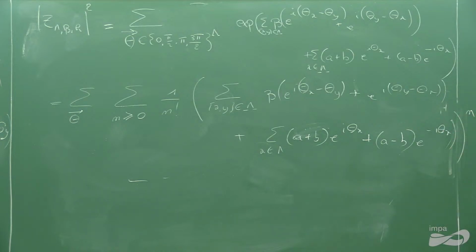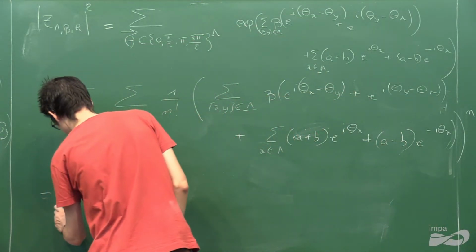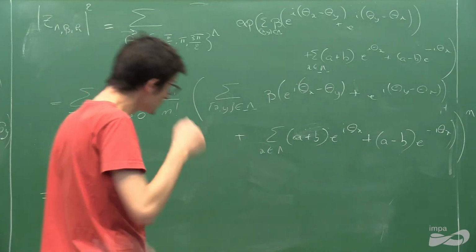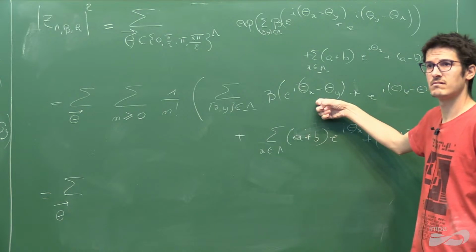Okay. So now let's basically expand everything. If you expand this product, what you will get is just a bunch of polynomials in exponential i θ_x.